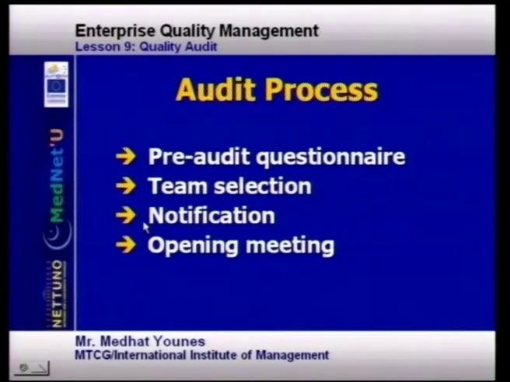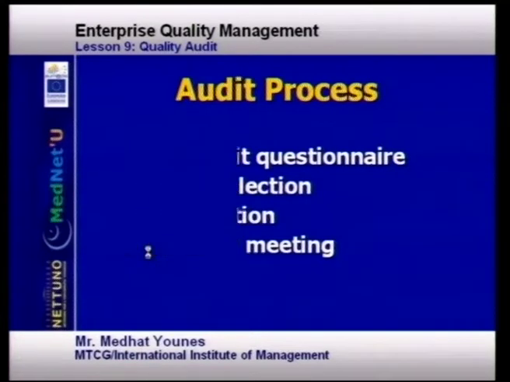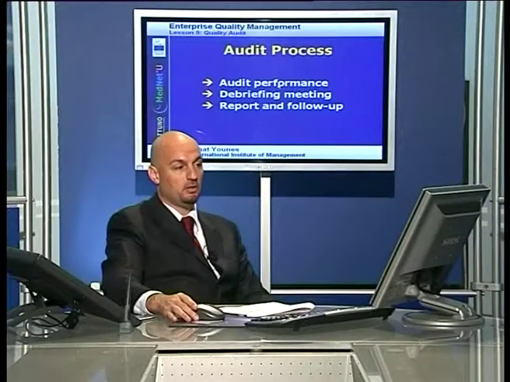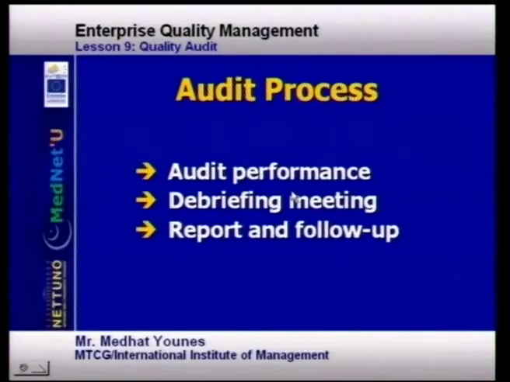After that, the client is notified of the audit. Then an opening or a kickoff meeting is conducted. Then the audit is performed. After the auditor finds non-conformance or finds compliance, he conducts a debriefing meeting with the management team.